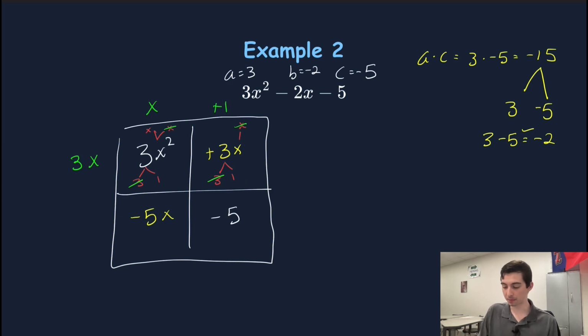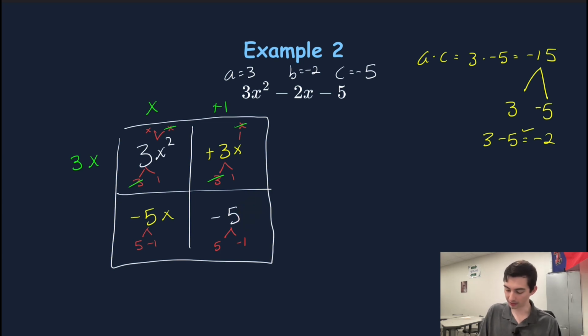Let's do the same thing on the bottom row now. I can separate this into 5 and 1, but I want a negative here, so I'm going to make this -1. And then same thing, I can divide this into 5 and -1. There's no variables, there's no x's for me to cancel out here.